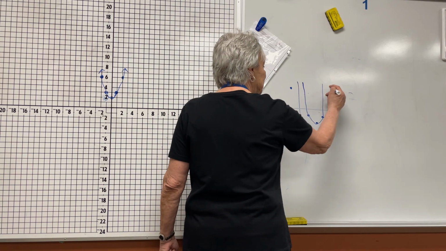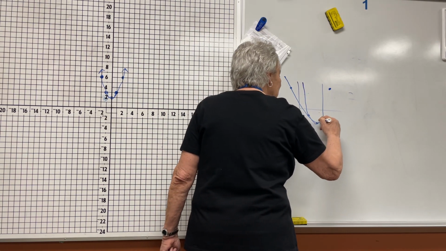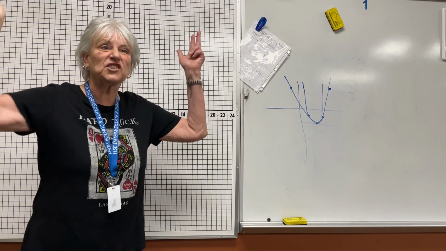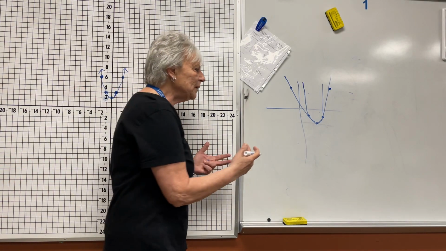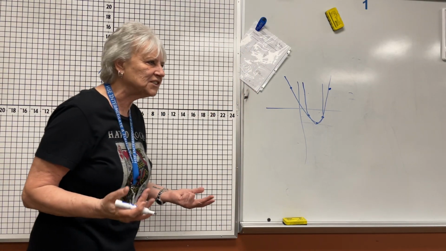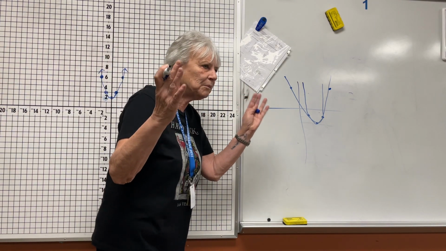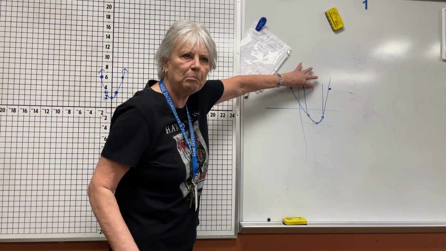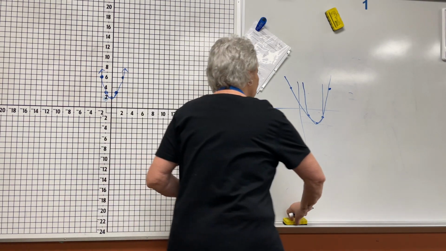If you have points here, you know where your parabola is going. All right, so don't be lazy. That's why we can't just have 3 points. You don't know how wide the parabola is until you get some points up here. Okay?